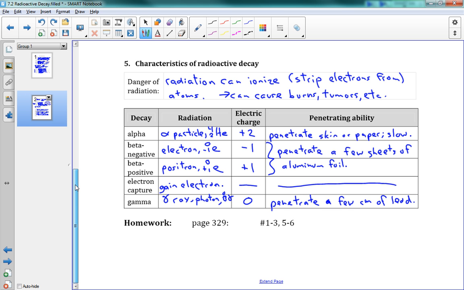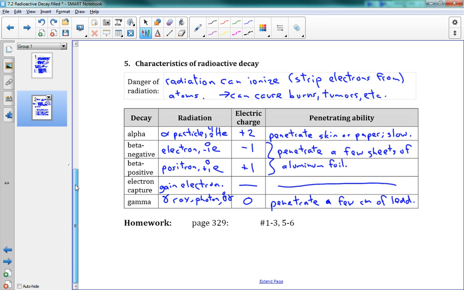Okay, and lead is very good protection, and so that's really when you have these big bunkers, these big fallout shelters that have thick concrete walls or lead walls, that's to protect against gamma radiation, which really can seep into everything. You're not safe just being in a building from gamma radiation.